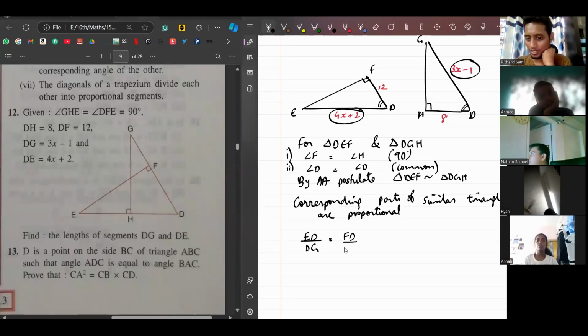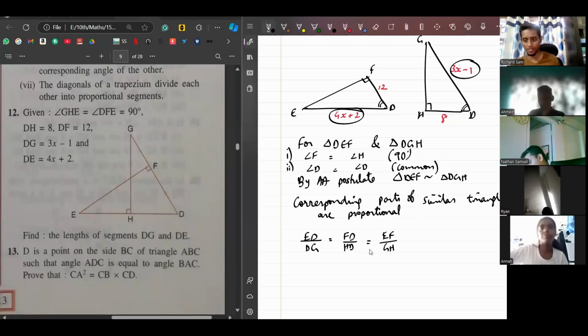HD. You understand? HD is the side corresponding to FD. All right. And what's the third remaining side, the side that we don't have? EF. EF is corresponding to GH. Is that clear, everyone? And is that clear? All the three sets of sides that are proportional to each other we have written here.